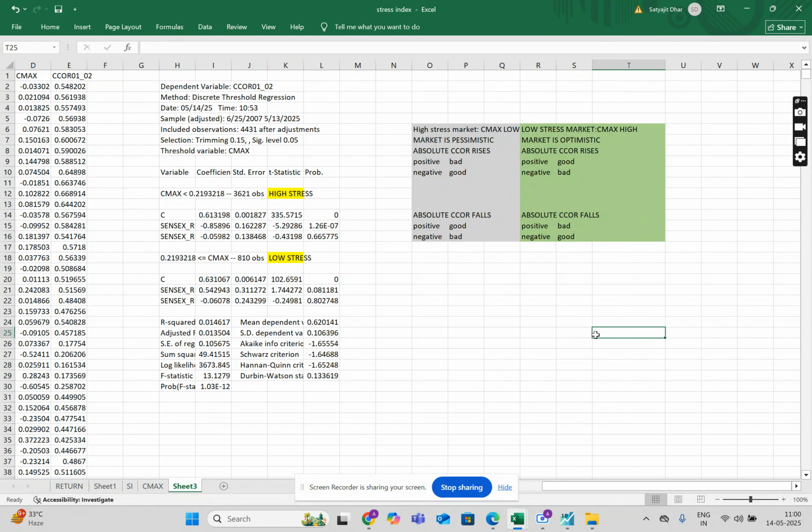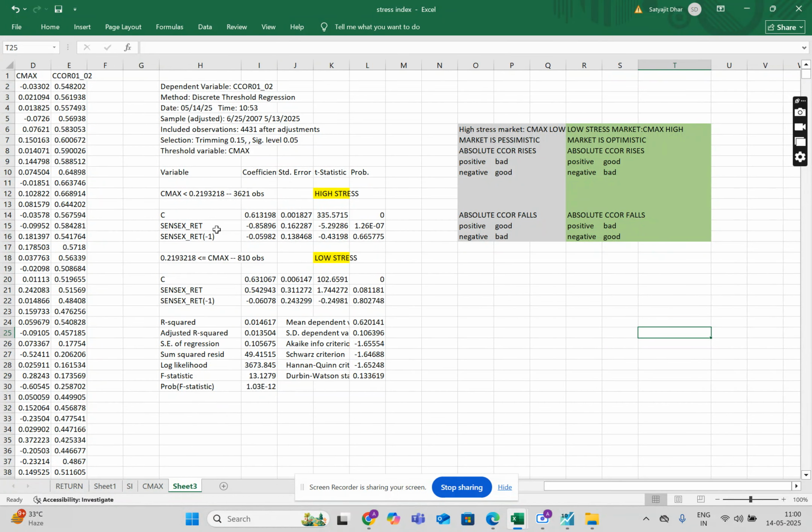Okay. So now let us analyze. So in period of high stress, that is market is doing bad, my correlation is negative, right? This is Sensex return. So at that time when the market is doing bad, if my correlation is negative, that is when the market is not doing well, the conditional correlation of the asset with Sensex has a negative relation. The coefficient is negative.